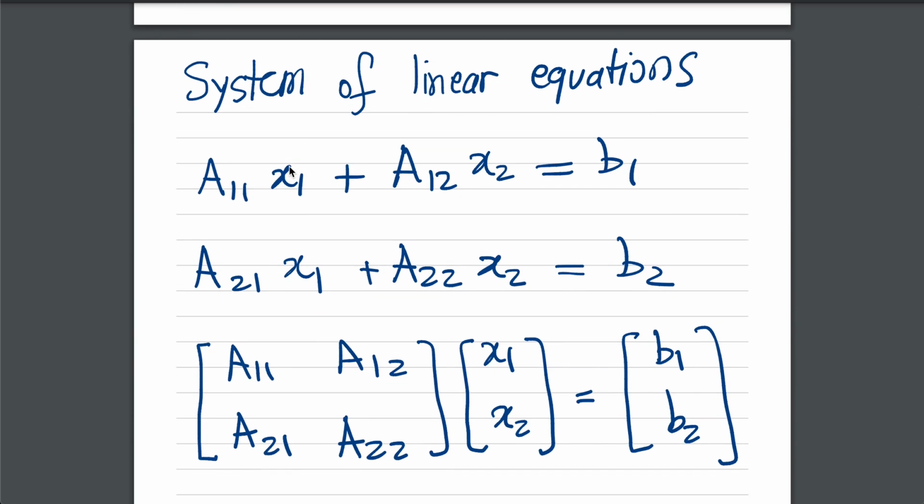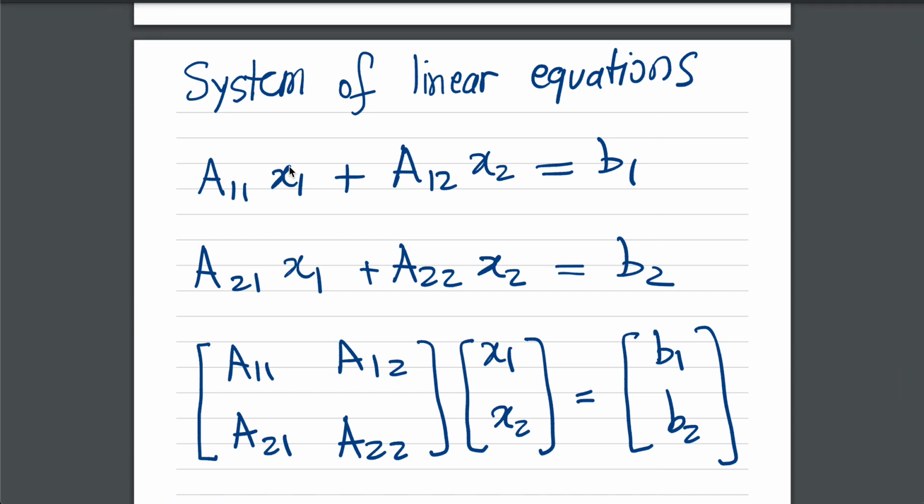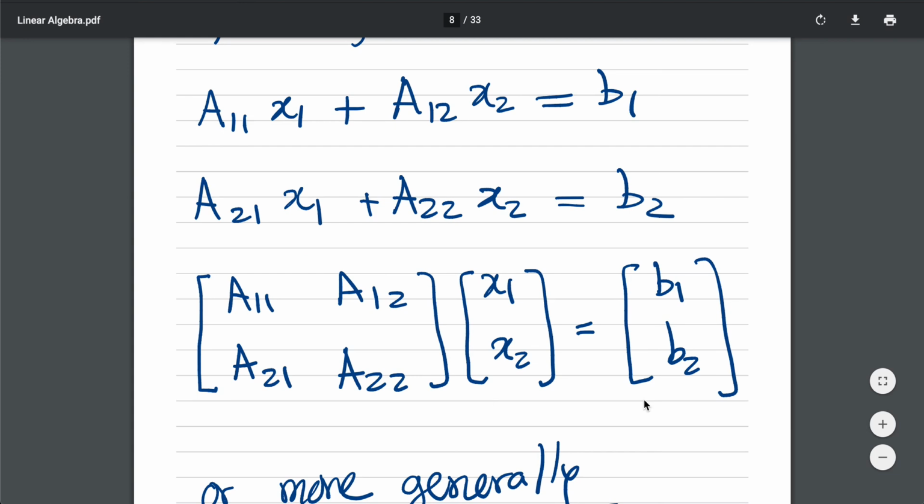Now, system of linear equations. Here is an example where we have two unknowns, x1 and x2, and two equations. In a sense, we are given a11, a12, a21, a22, b1 and b2, and we want to solve that for x1 and x2, and we can write this in the matrix notation.